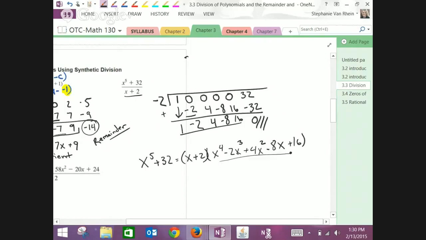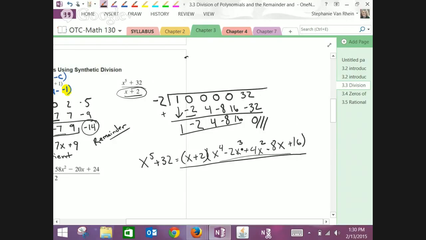You guys see how those are just the coefficients of the x to the 4th, x cubed, x squared, x, and constant term? You'll be asked in this section to verify if minus 2 is a root, or verify that x plus 2 is a factor. One way to do that is synthetic division and show the remainder 0.